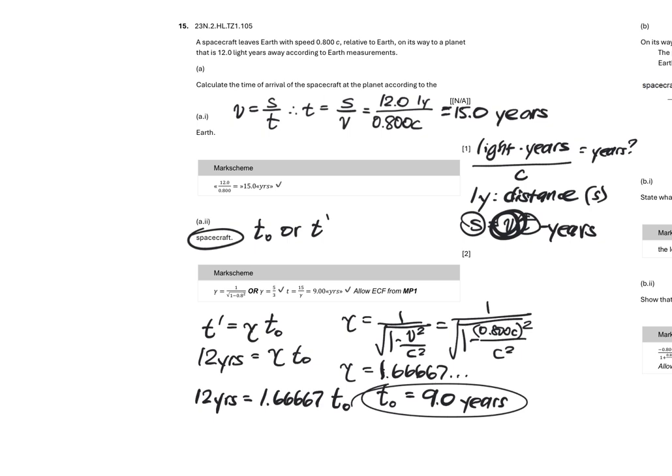Oh, it's 12 light years. Duh. Yeah, 15 years is the time, so this should not read 12. This should read 15. But that still gives us a proper time of 9 years as viewed from the spacecraft.